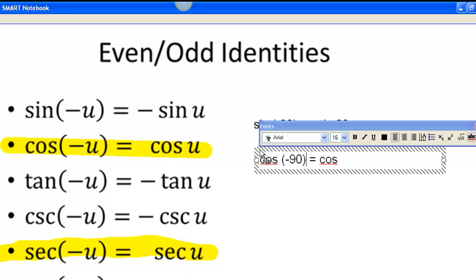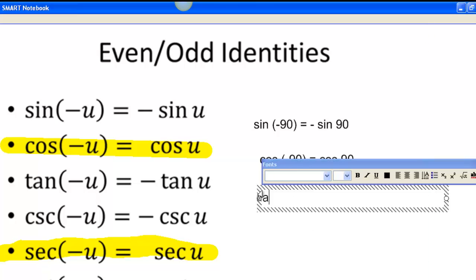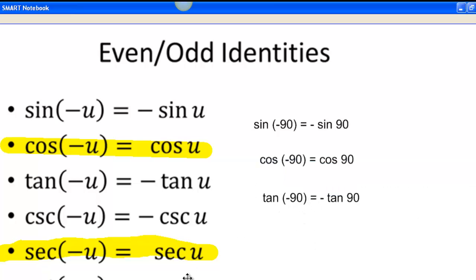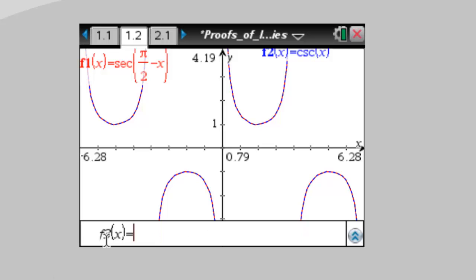If we are talking about cosine, the cosine of negative 90 degrees is equal to cosine of 90 degrees. If we're talking about tangents, the tangent of negative 90 degrees is equivalent to the opposite of the tangent of 90 degrees, which in this case would be undefined in both cases.